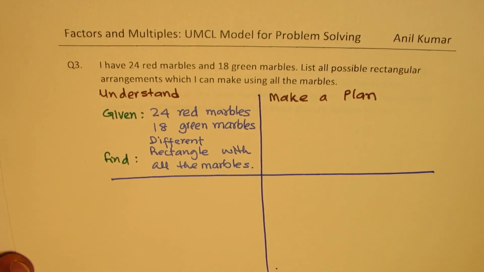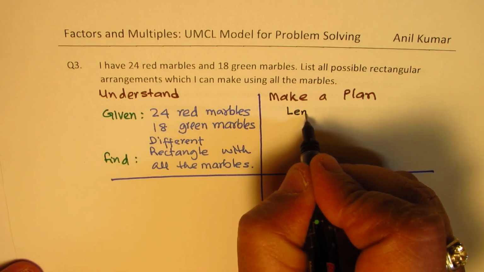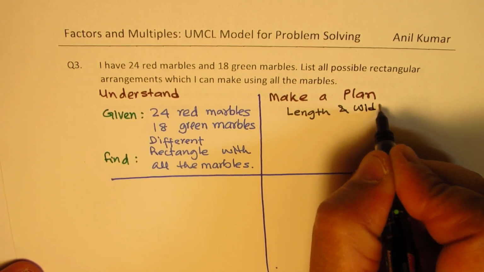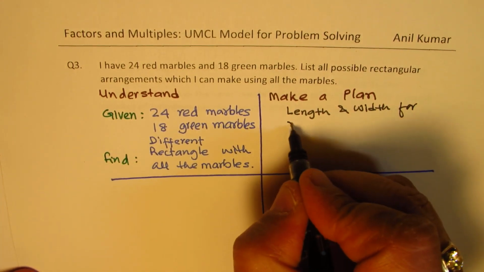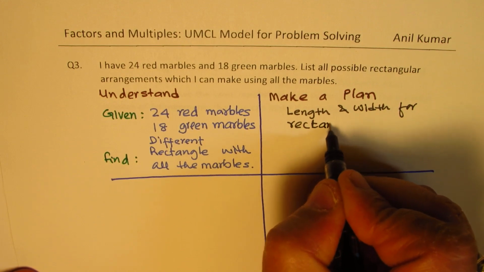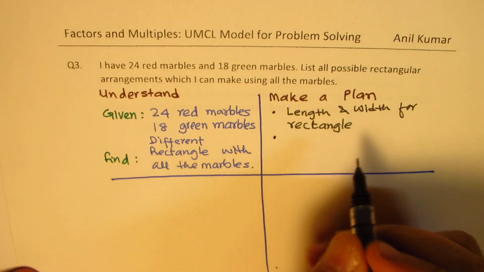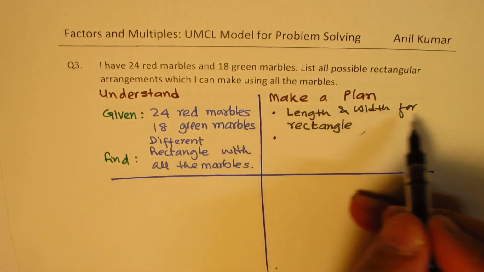So we have to have length and width for a rectangle. Correct? So if one of them is common, then we can complete the rectangle, right?